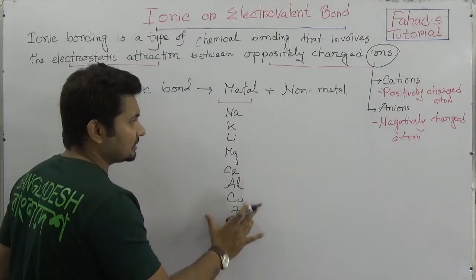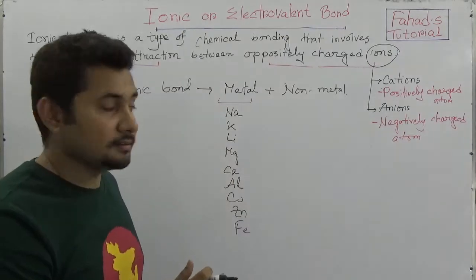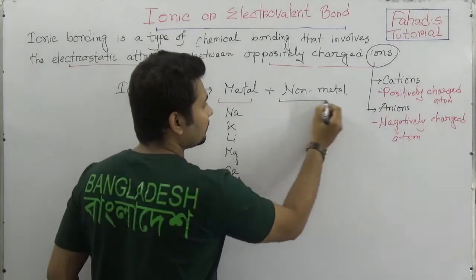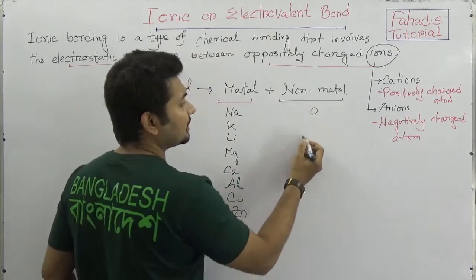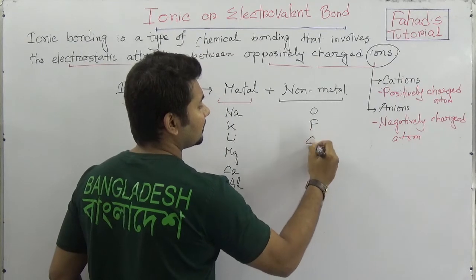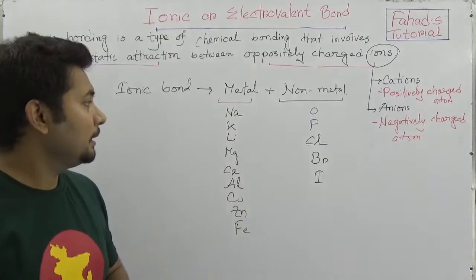Let's discuss these. There will be sodium plus ion, magnesium plus, potassium plus, lithium plus, and in the case of non-metals, let's think about oxygen, fluorine, chlorine and bromine, even iodine.